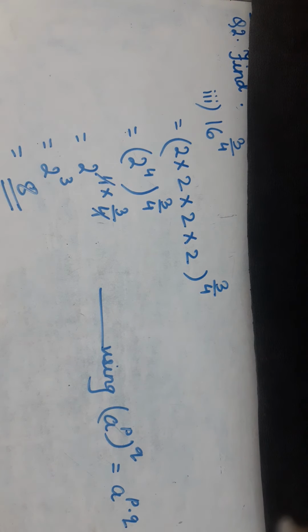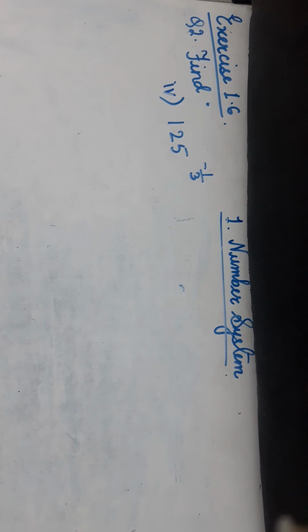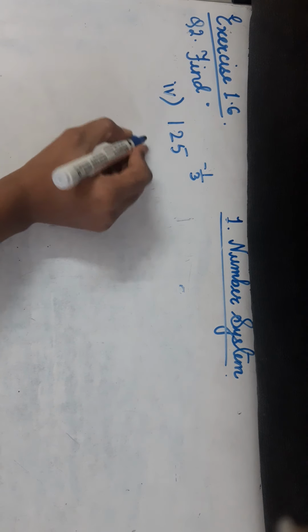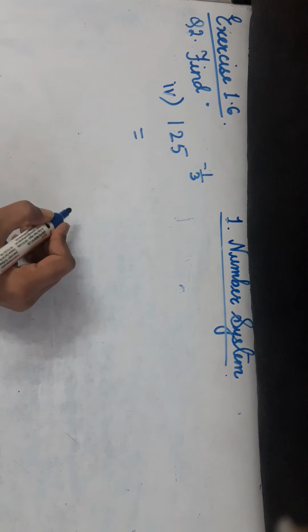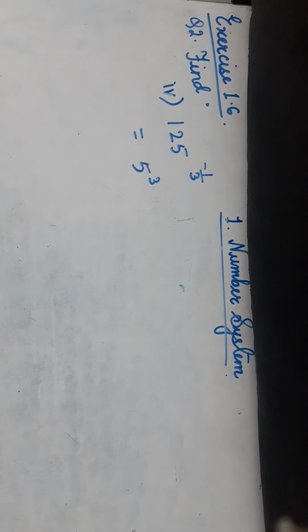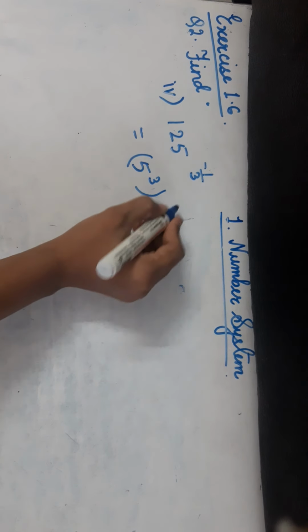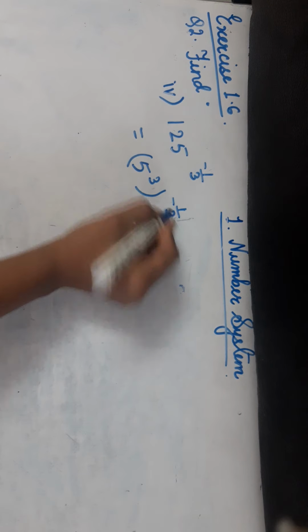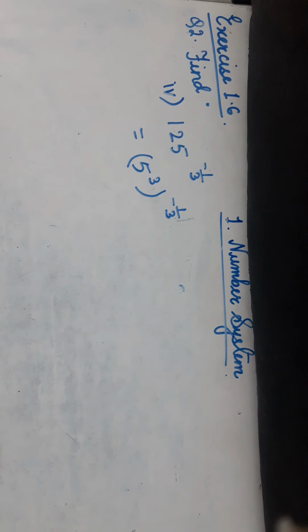Now let us begin the third one. I'm sorry, there is one more question in question number 2. So the fourth sub question of question number 2 is 125 raised to minus 1 by 3. Now we know this 125 is nothing but 5 cube, no? So we can write 125 as 5 cube, then raised to minus 1 by 3, written as it is.